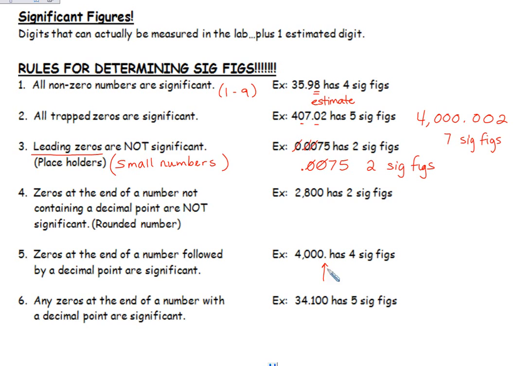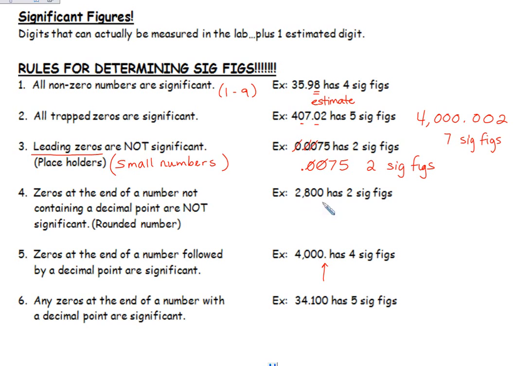Sometimes we really do measure 0, or sometimes 0 might be our estimate. That's okay. To show that you want those zeros to be part of the measurement, you have to put a decimal spot at the end. So if there are zeros at the end, and you see a decimal point, those are all part of the measurement.